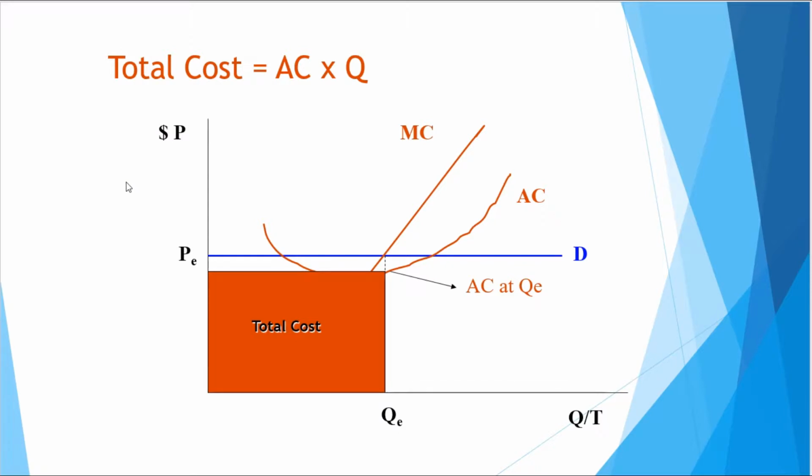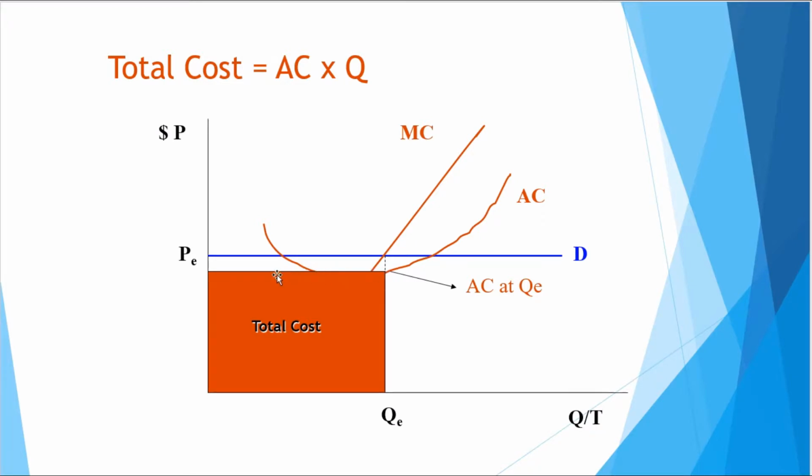What about their total cost in producing those 60 units that sell at $6 a piece? You will notice that in addition to your marginal cost curve and your demand curve, or the price line, or the MR curve, you also have an AC curve, which is the average total cost curve. In producing 60 units, the average cost curve intersects this quantity at this point.